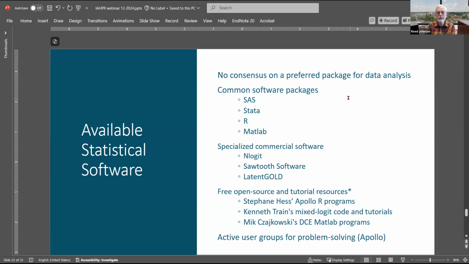R has Stefan Hess's Apollo programs. The Apollo suite of DCE programs contains every imaginable thing you can do with choice data. Because it's programmed in R, you have access to all the details of the specification. If you work with R, I would say go absolutely directly to Stefan Hess's Apollo program.